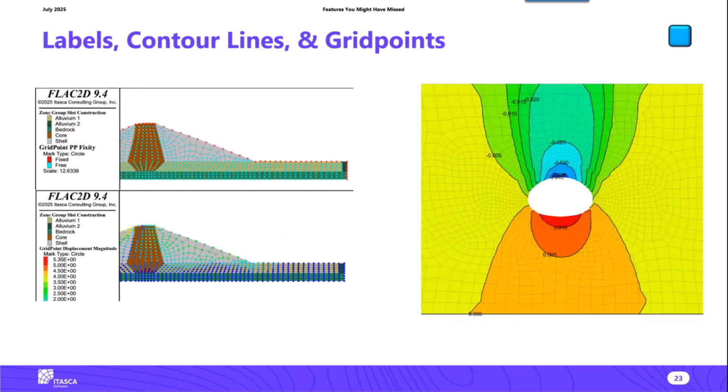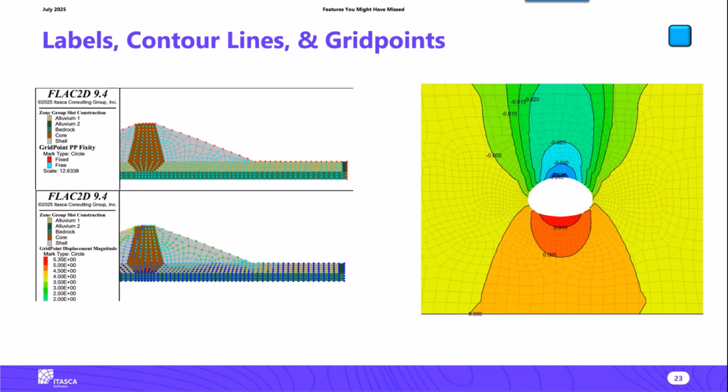For FLAC 2D, we have added contour lines, essentially these darker lines that are differentiating between the different contoured regions. And we've also added the ability to include labels so that we can see what those values represent.